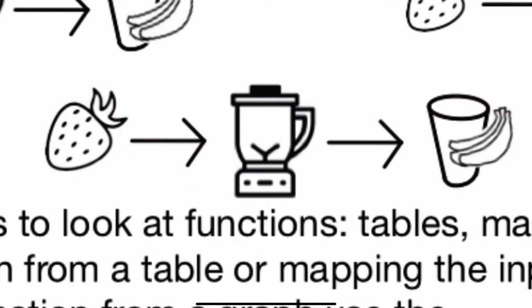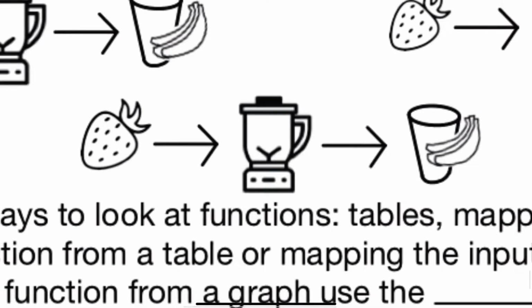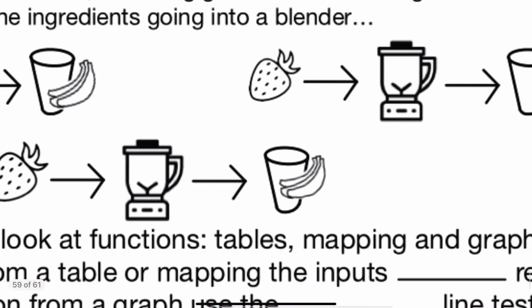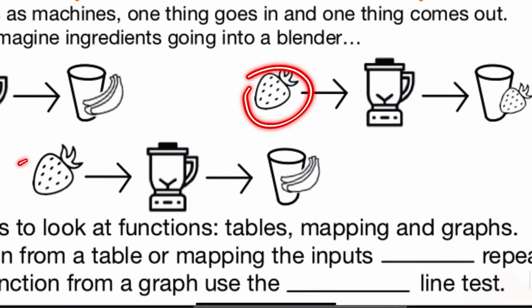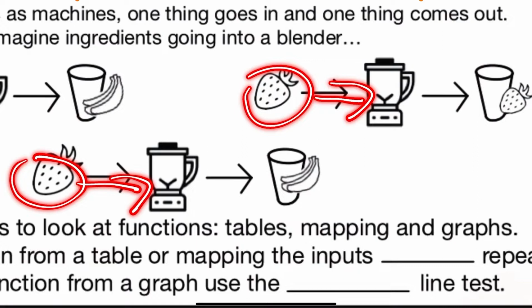So why would I get a banana flavored anything if I didn't use bananas, right? This is the idea. If you put a number into your problem, you should only be able to get one other number out. It's not going to make sense if you get 2 different numbers, right? Like I said before, if I add 2 plus 2, I should only get 4. I should never get anything else except for 4. And that's the idea here. If we ever come across a situation where we have the same thing being put into our problem, it should only ever give you one thing out.